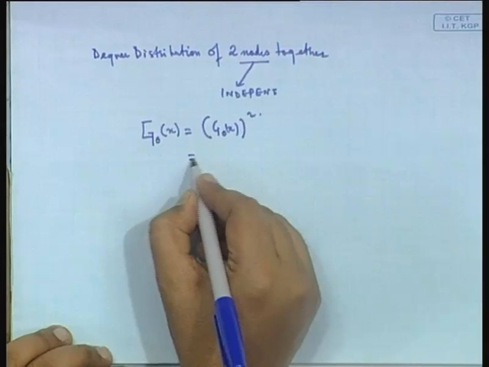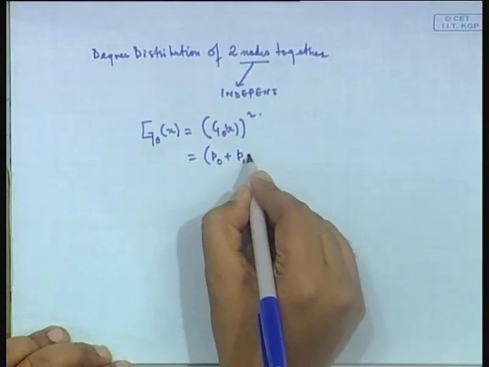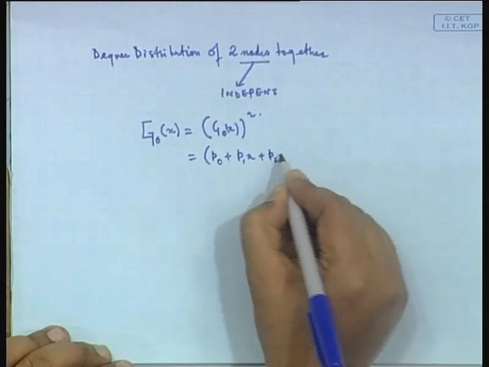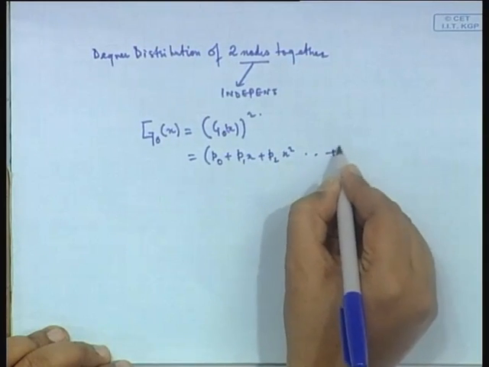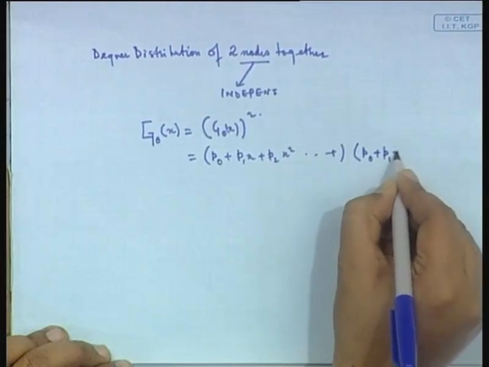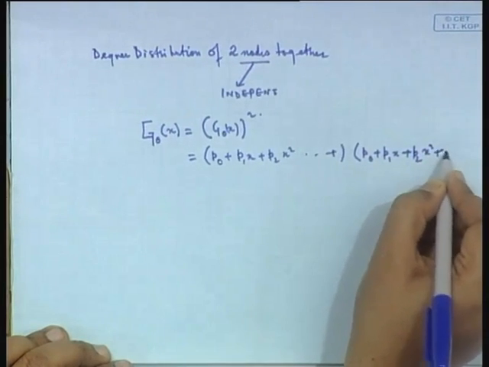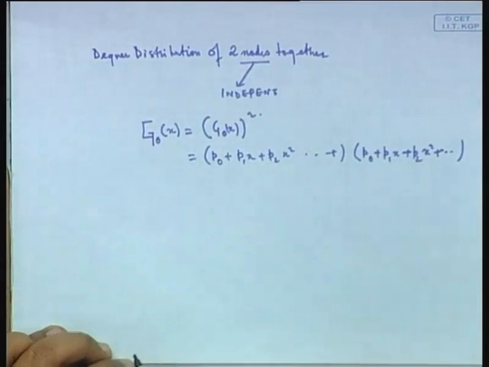Let us write this as P0 plus P1 x plus P2 x square, and so on, and the second also P0 plus P1 x plus P2 x square. Now do the multiplication.